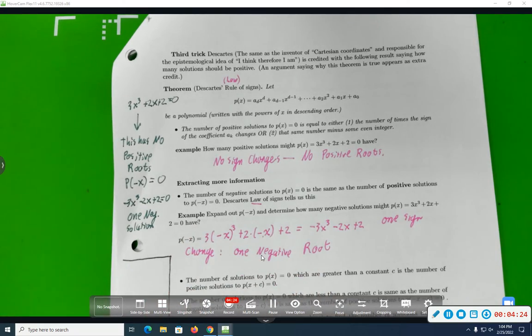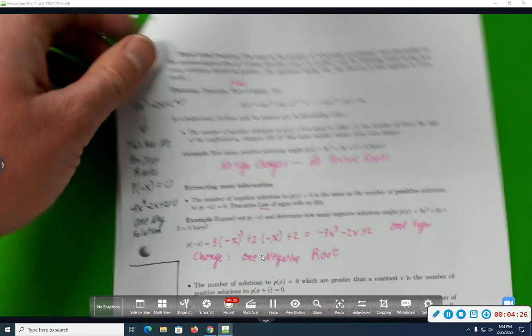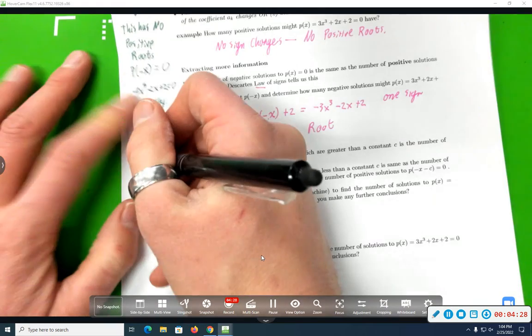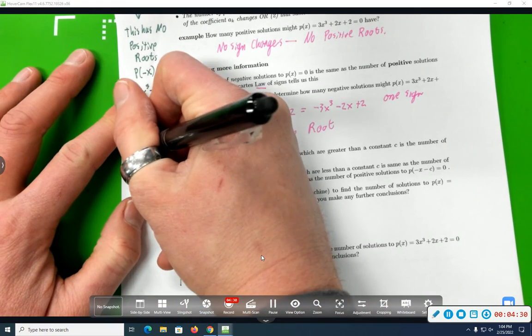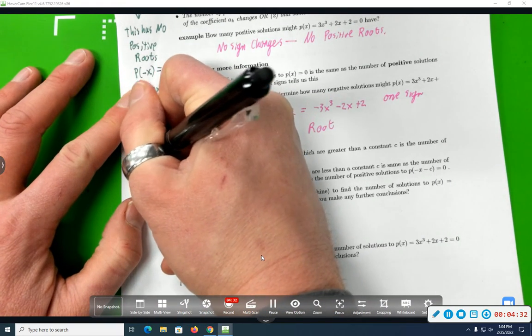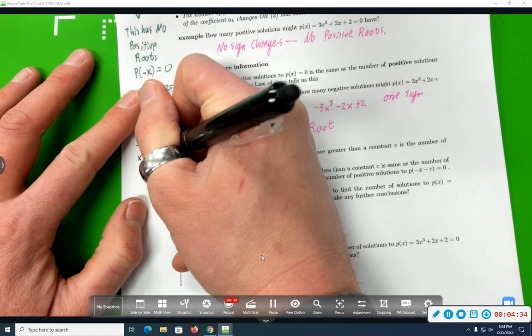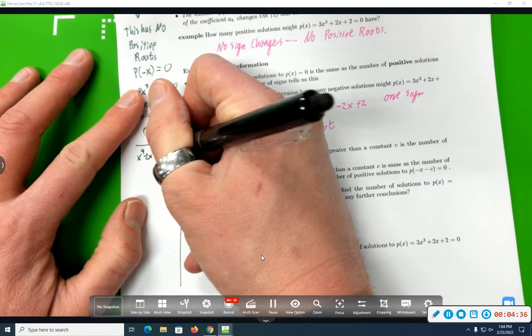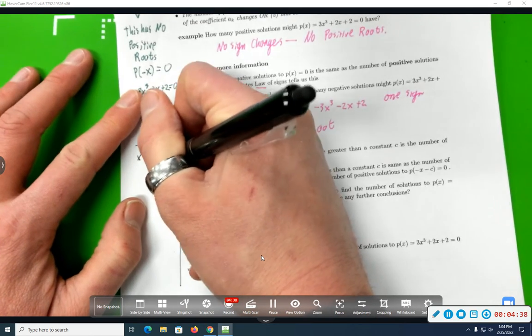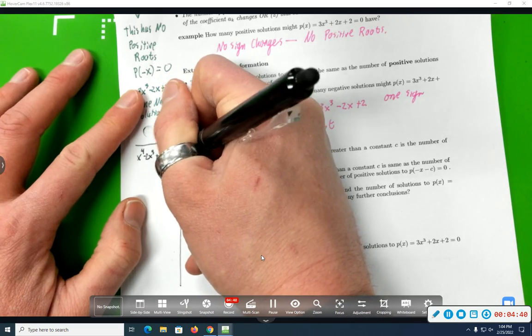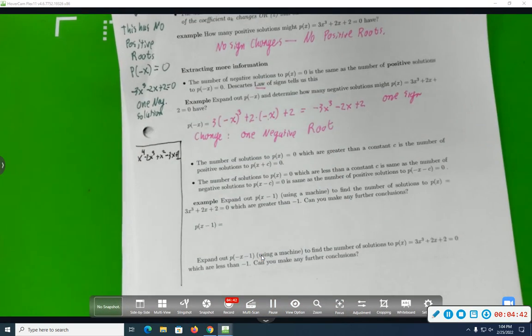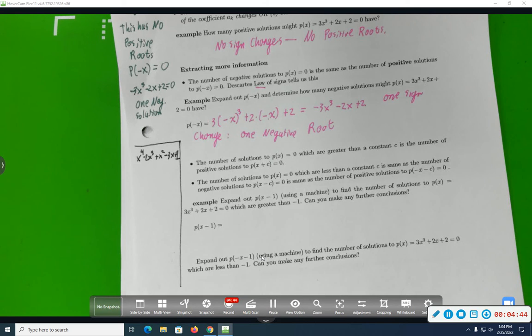So I think there's one other example that I want to hit, just because we haven't seen the full variety of things that might happen in these problems. Here is a polynomial. x to the 4th minus 2x cubed plus x squared minus 3x plus 1. So let's think about that polynomial. How many times does that coefficient change from positive to negative or negative to positive? 4 times?